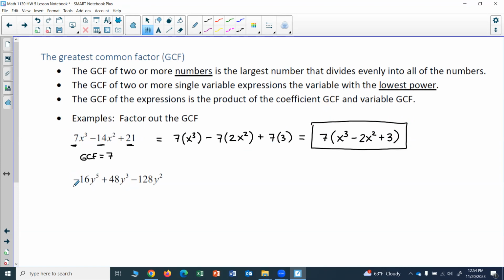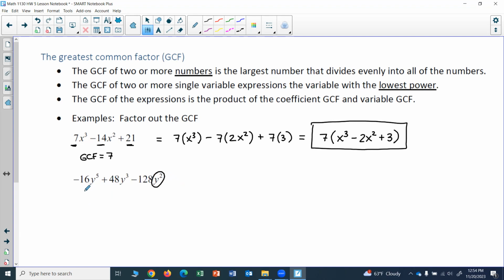In this next example, we have negative 16y to the 5th plus 48y cubed minus 128y squared. Now, I can see that the variable with the lowest exponent is going to be y squared, so that will be part of my greatest common factor.